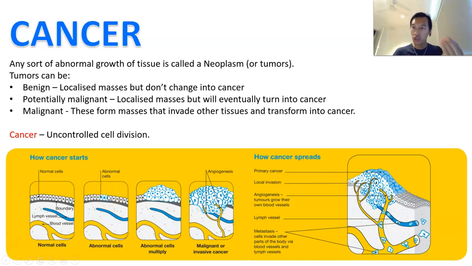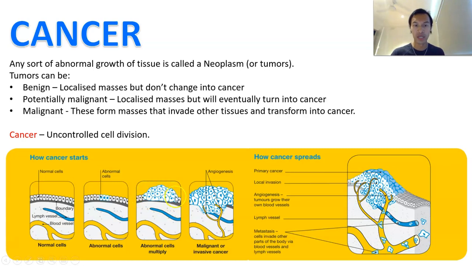The UV radiation is going to mutate the DNA, and for whatever reason, it doesn't get repaired or checked in the checkpoints, and then it develops into malignant tumors, which become cancerous. And then this uncontrolled cell division keeps occurring, and it doesn't stop, right? It doesn't stop.